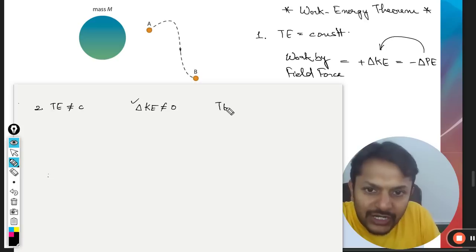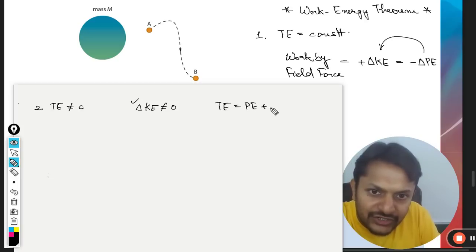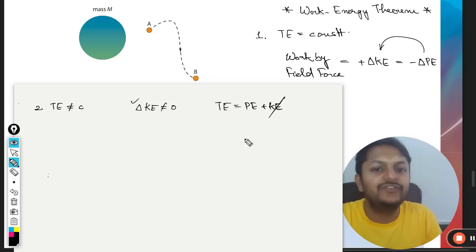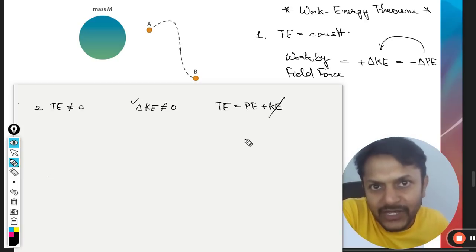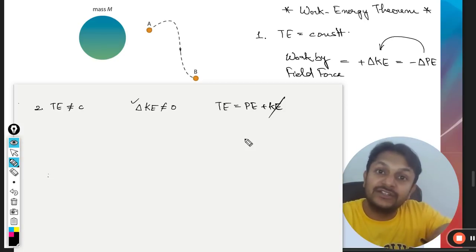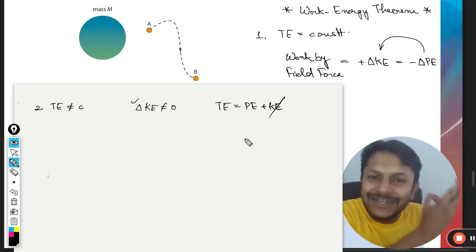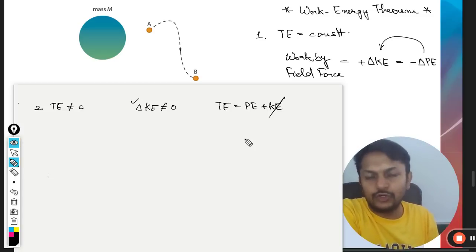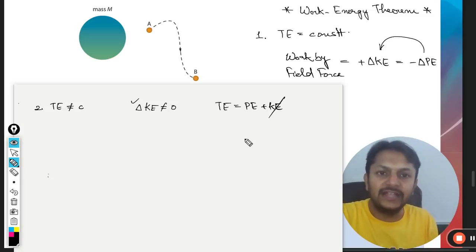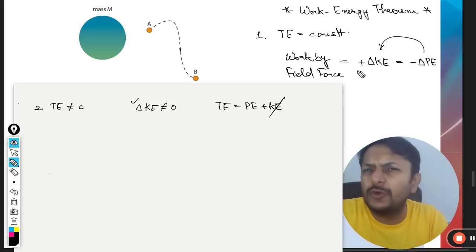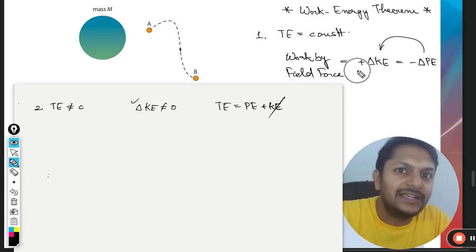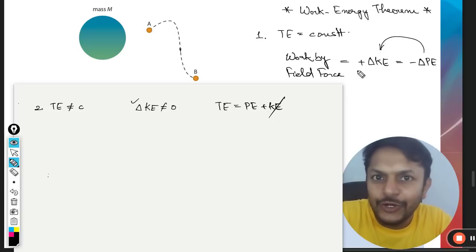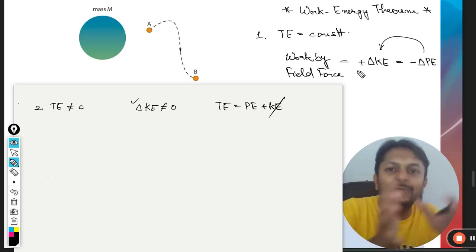Why? Because total energy is the sum of potential energy and kinetic energy, but we are not considering kinetic energy. So if there is a loss in potential energy, the corresponding increase in kinetic energy is not visible. So total energy changes. Hence, this formula, which seems quite easy and applicable, is not applicable in this scenario. But another applicable formula looks similar to this.